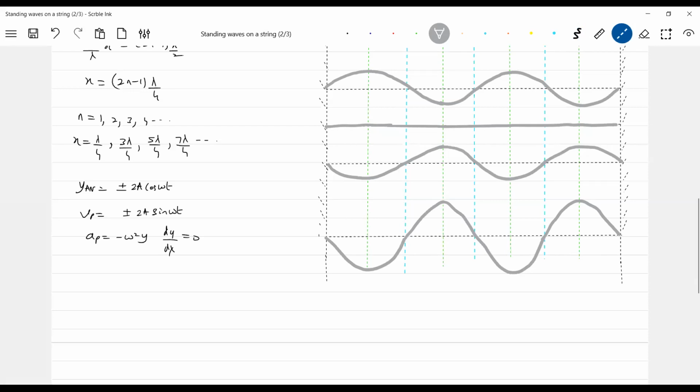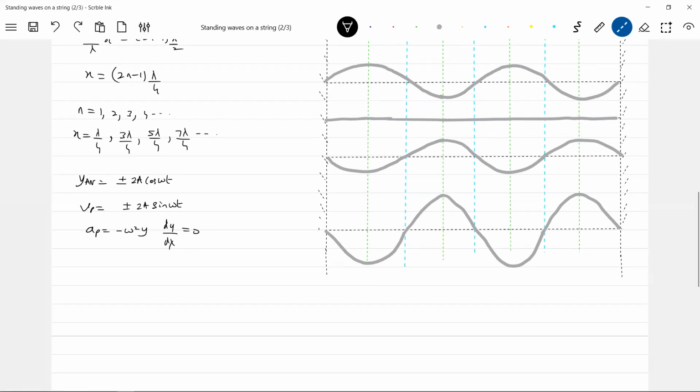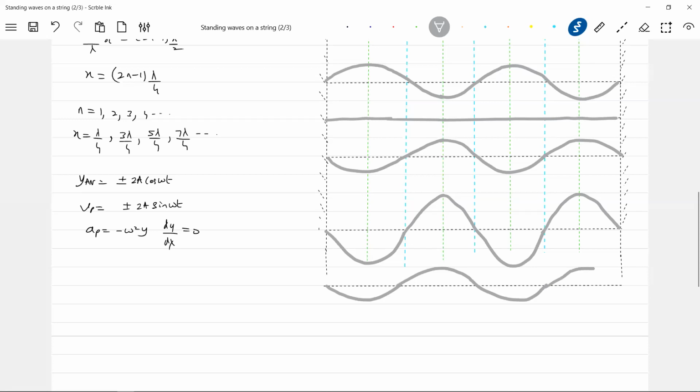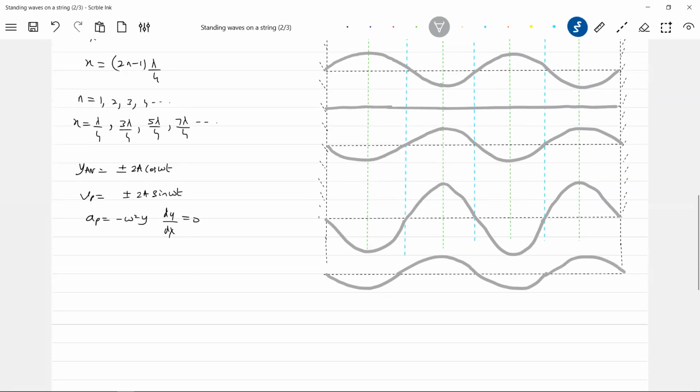Yeah. And finally, it will come to mean position. This last one, we'll stop it till here. This will be sufficient to explain things.